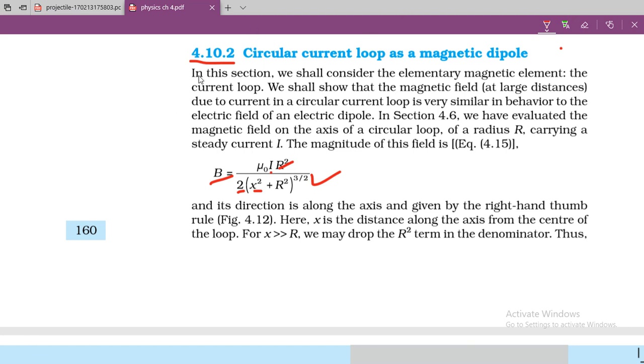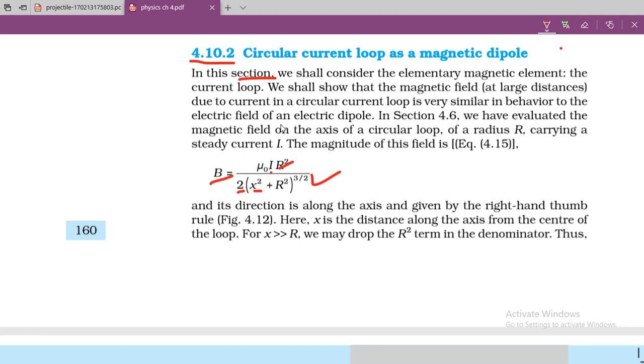In this section we shall consider the elementary magnetic element, the current loop. We shall show that the magnetic field at a large distance due to current in a circular current loop is very similar in behavior to the electric field of an electric dipole.